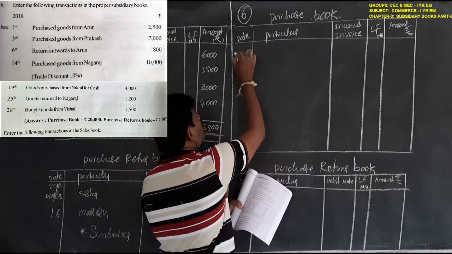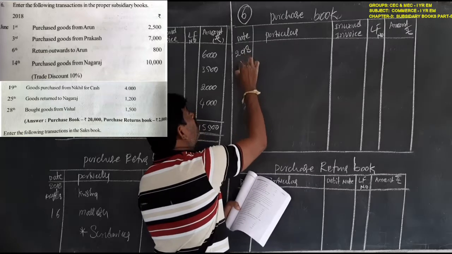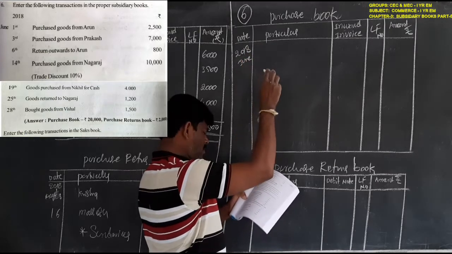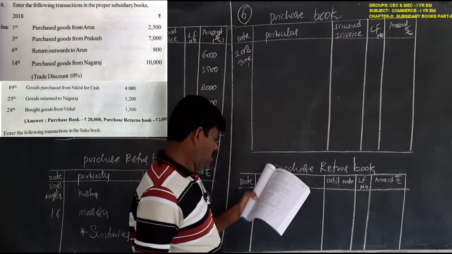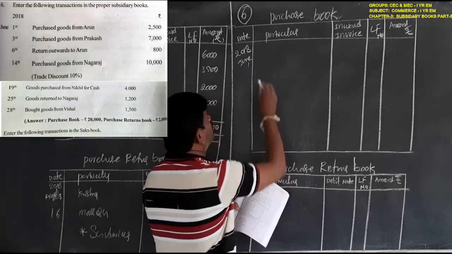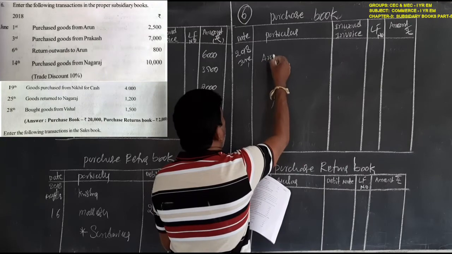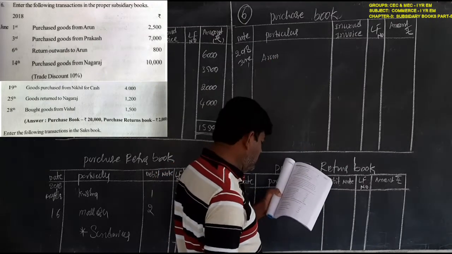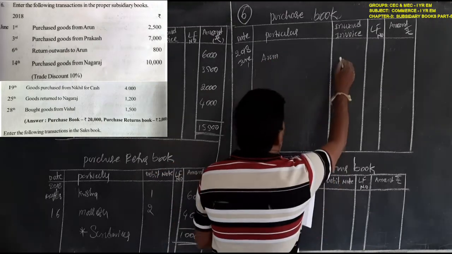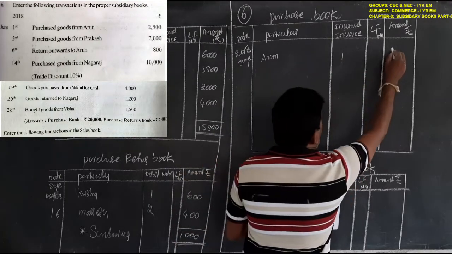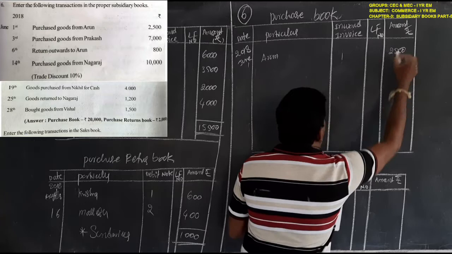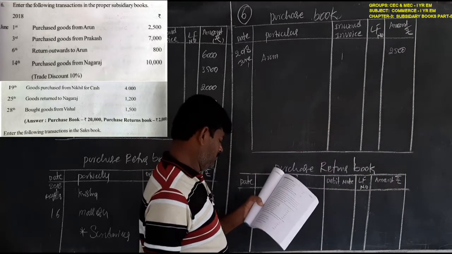2018 June 1st, Arun, invoice number 1, amount is 2500. This is the first transaction.